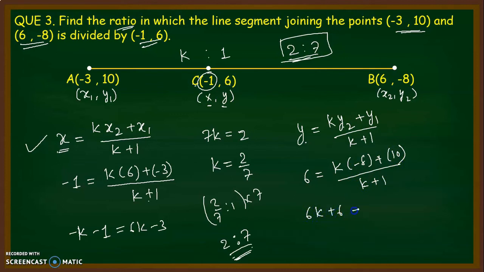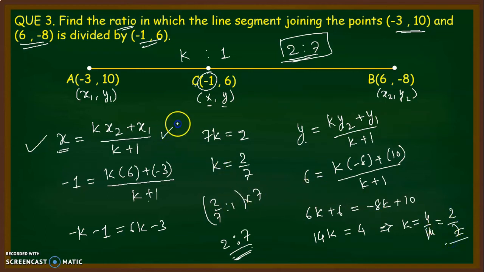So it will be 6k plus 6 equal to minus 8k plus 10. This 8k will go to this side and become 14k, so we will get k equal to 4 divided by 14, that is equal to 2 divided by 7. So you can use either this formula or this formula, you will get the same answer.